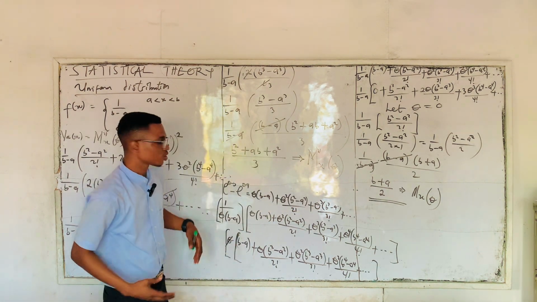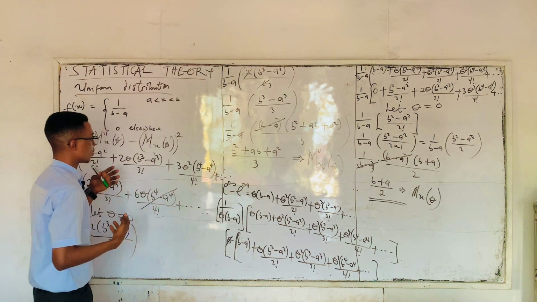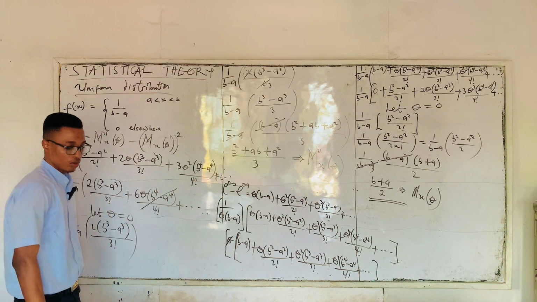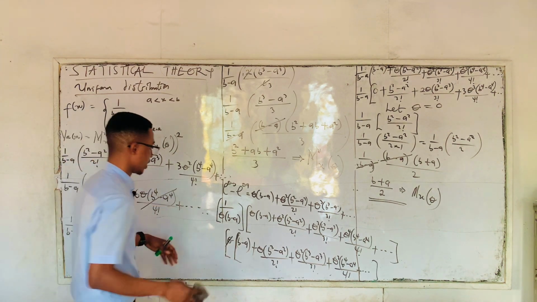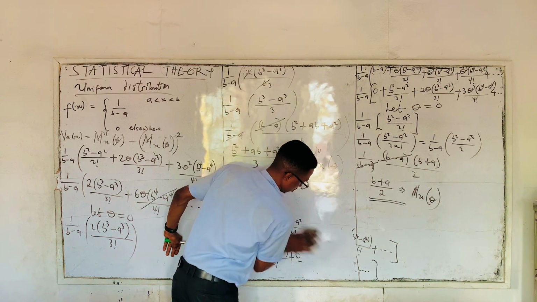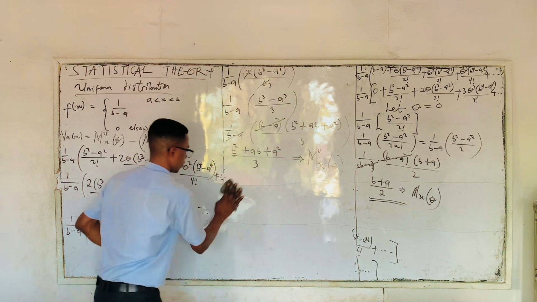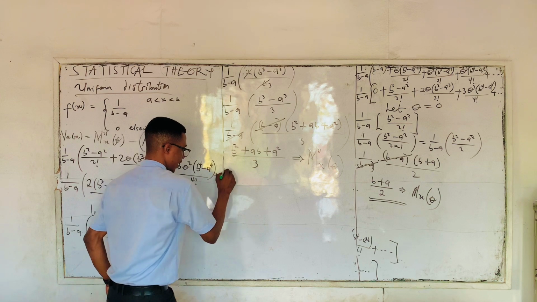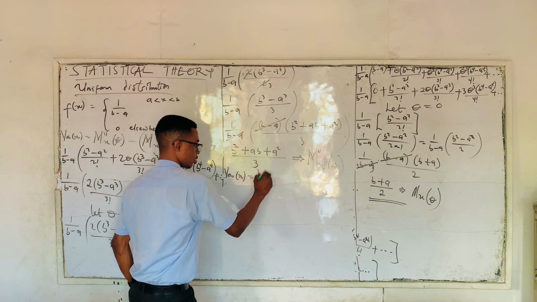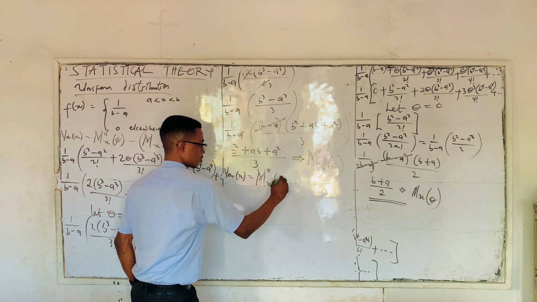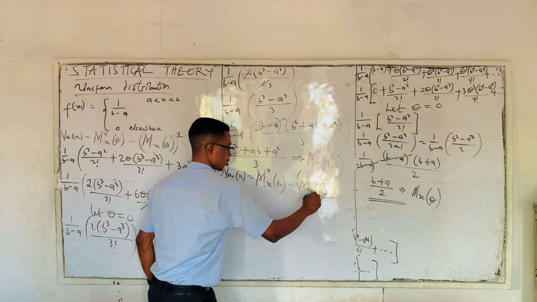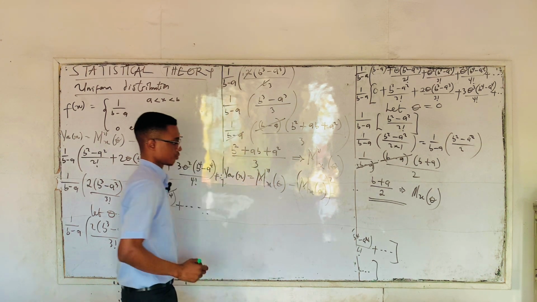Now, because we've gotten this to be this, this to be this, of course, you just need to substitute all these things into the variance and get the value of our variance. So var x is equals to the second moment minus the mean squared.